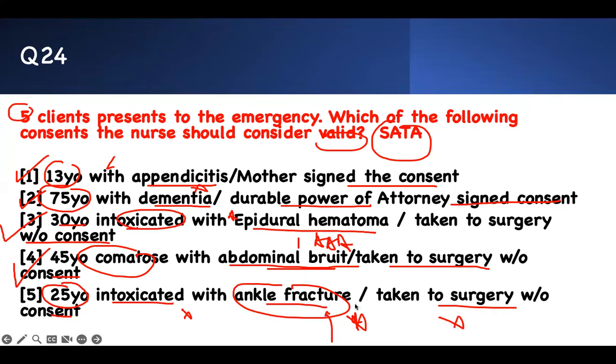Let's find next of kin, parent, or anybody around who can sign. He's intoxicated, he can't consent, even though he's not a minor. The parent or the wife or somebody has to sign. We've got to contact next of kin and see if they are available. So this one is not valid. So 1, 2, 3, and 4 are valid.